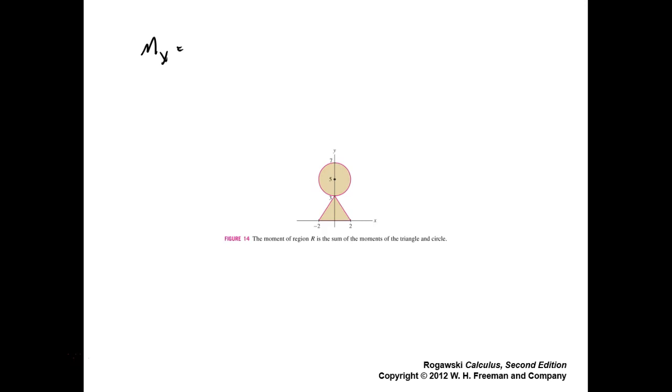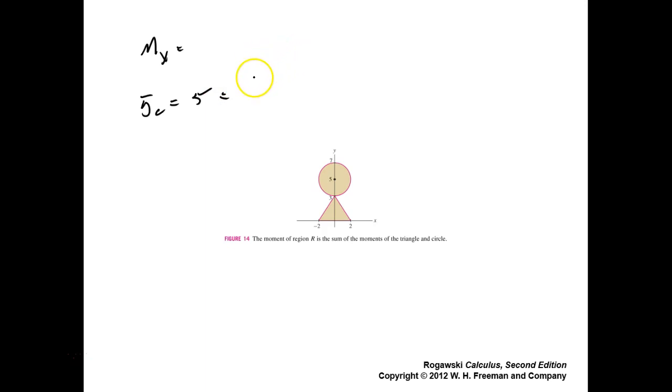So, y bar for the circle is 5. Right? Now, what is y bar? Yes, exactly.